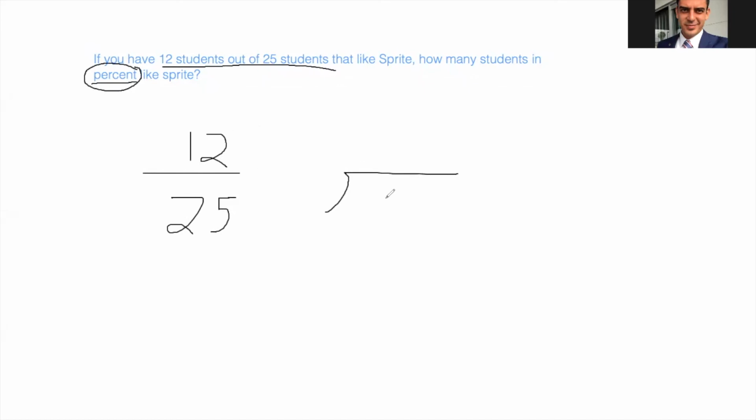Then you would put that 12 on the inside right here, and then this 25 would be out here. So the first step that you would need to do is 25 doesn't go into 12, so you would add a 0, put a decimal there, and then 25 goes into 124 times because that'll be 100.